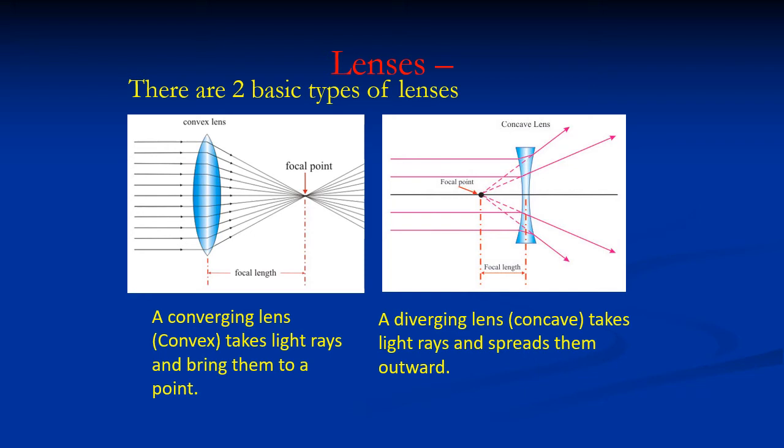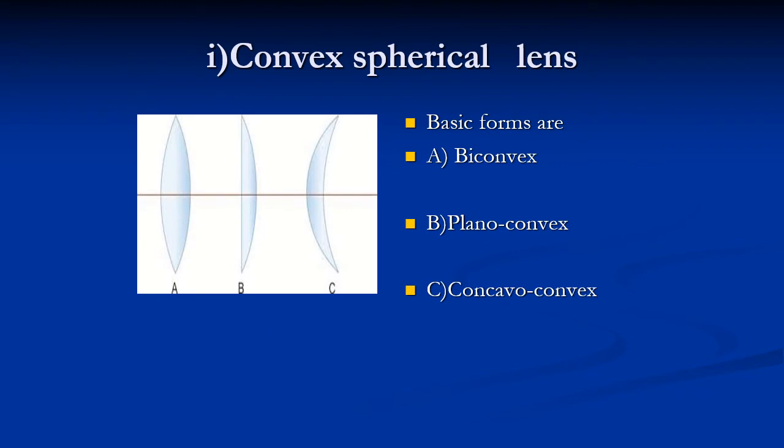The same can be applied to the concave lens, which is a diverging lens. Convex spherical lenses include biconvex, plano-convex or concavo-convex. A, B, C, these are the lenses, how they look.